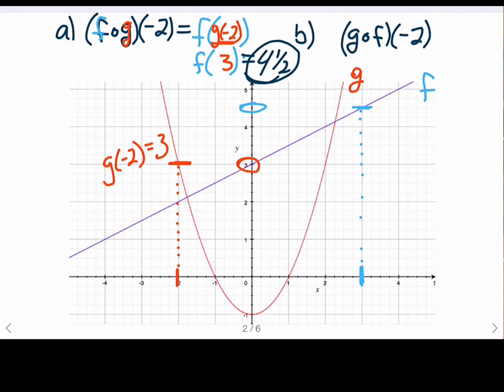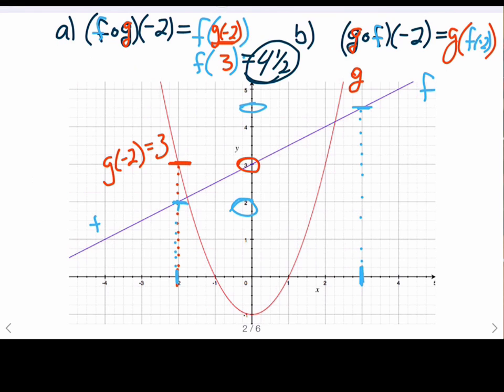Next, we're going to switch it around again, and we're looking at g composed with f of -2, which means we want g of f of -2. And so, looking at the function value at -2 for f, the linear function, that output is 2.